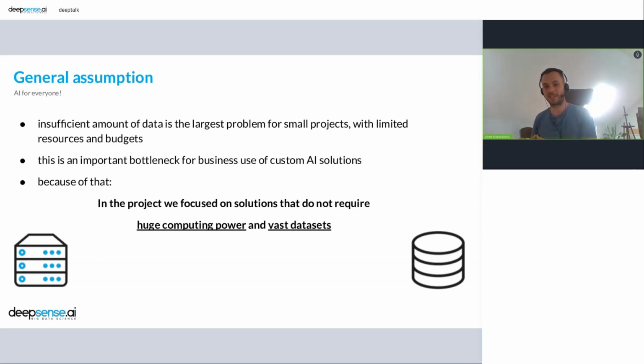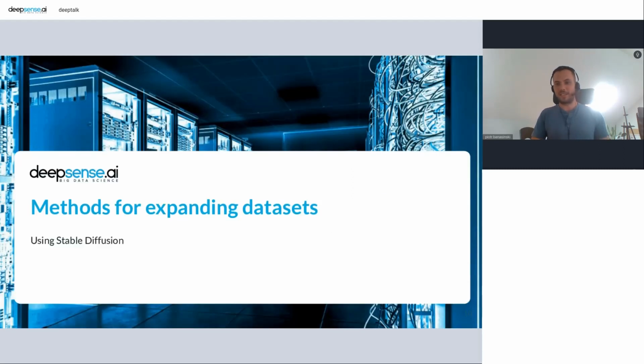Especially for these projects, data generation is important. Because of that, we make this general assumption for our project: we focus only on solutions that do not require huge computing power and vast data sets.